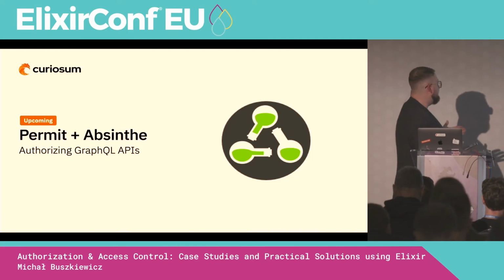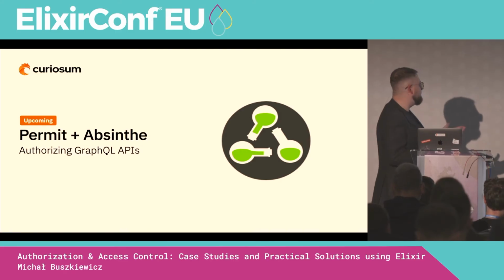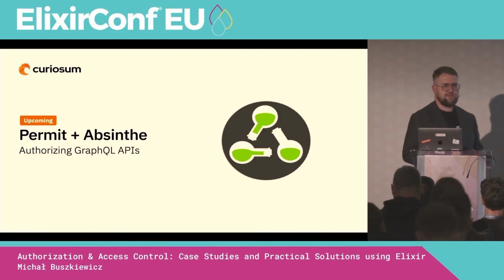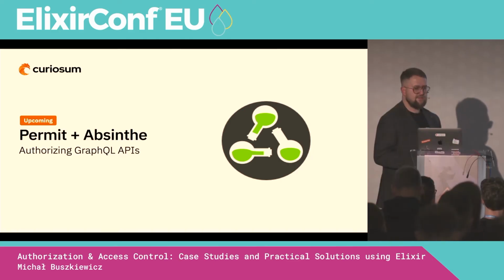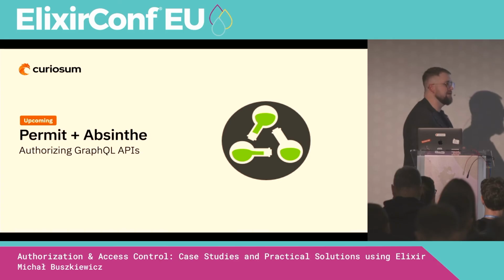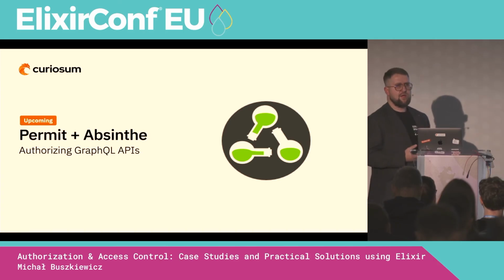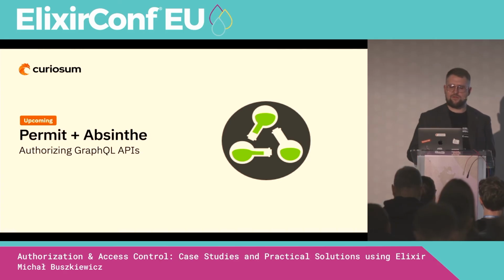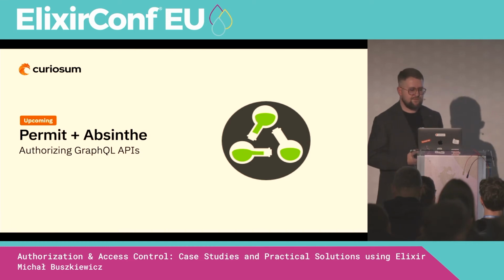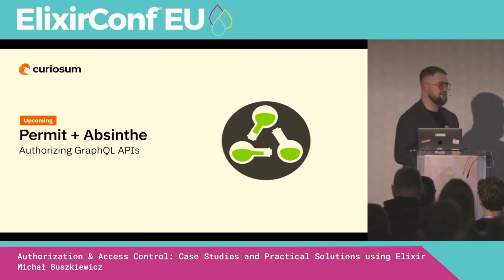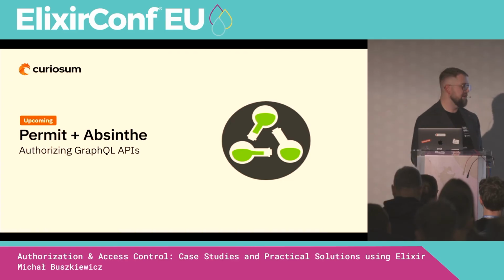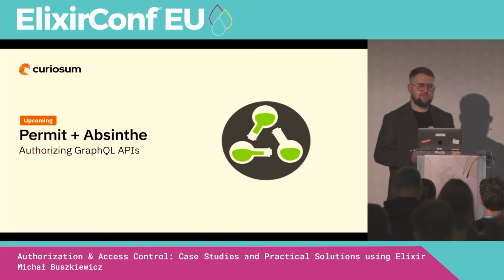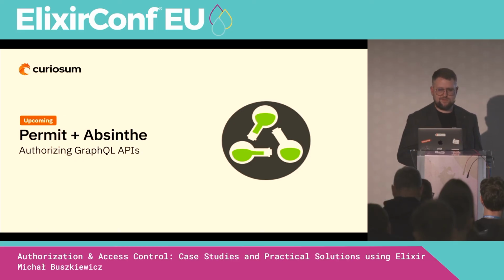And now the upcoming thing, Permit and Absinthe, which is a tool for authorizing access to resources in GraphQL APIs. And this one is something we had a bit of a tough time reasoning about because of, obviously, the structure of how GraphQL looks, and because there are queries and mutations and not necessarily mappable directly to action names per se.